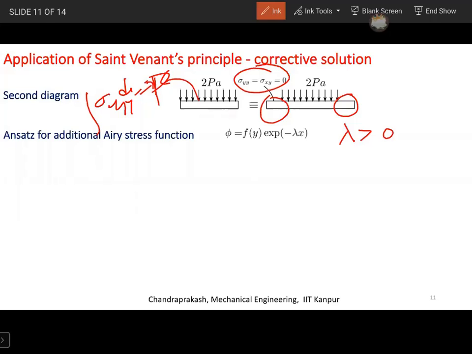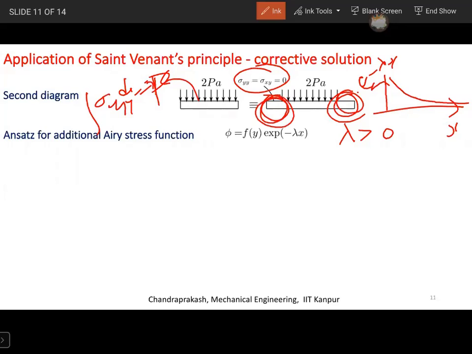Imagine what kind of function exponential minus lambda x is. This is x, and exponential minus lambda x is a decaying function. So I'm seeking a solution such that my function vanishes as x increases. This is in line with the kind of boundary condition that we have chosen.